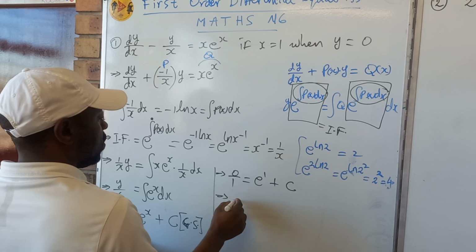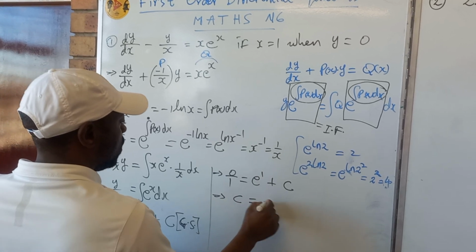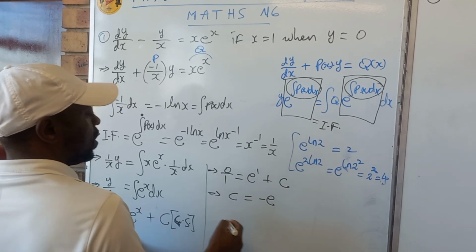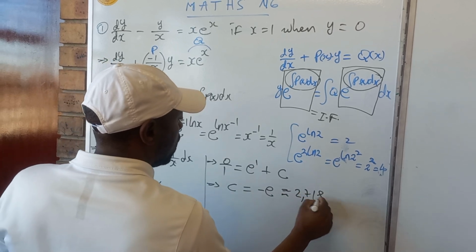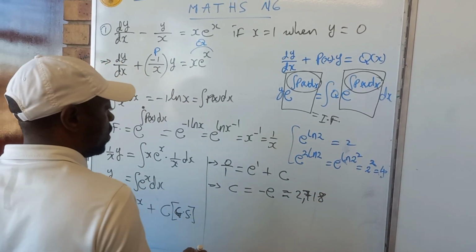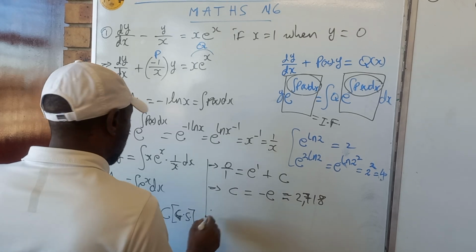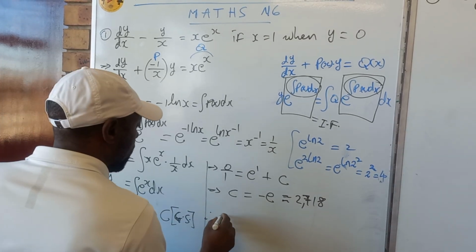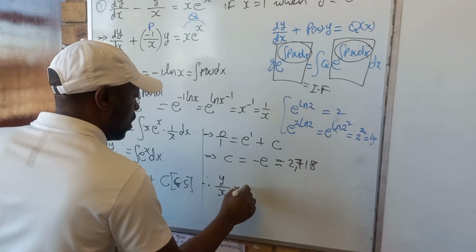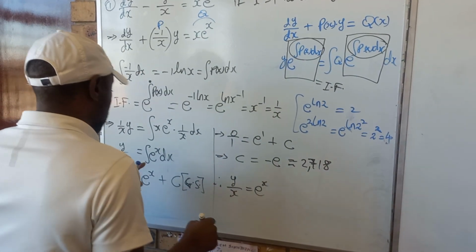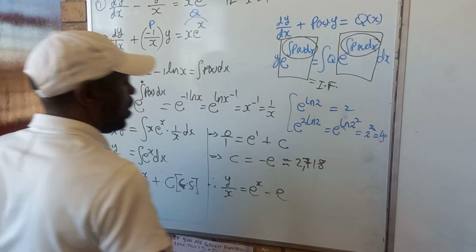So that simply tells us that our c is equal to negative e if e goes that side, which is also approximately equal to 2.718 if you check with your calculator, but you're free to use e. And therefore, a particular solution means you will copy the general solution, then in the place of c, you put negative e.